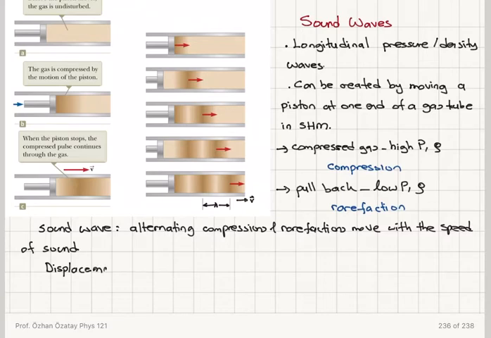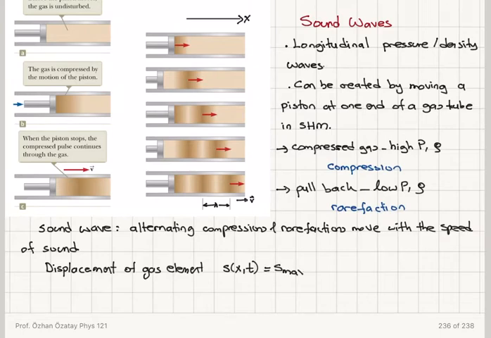So the displacement of gas elements is such that we can talk about this wave function s as a function of x and t, where x is the axis along which the wave is propagating.